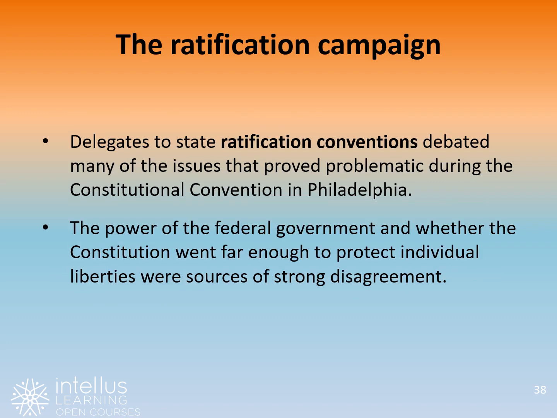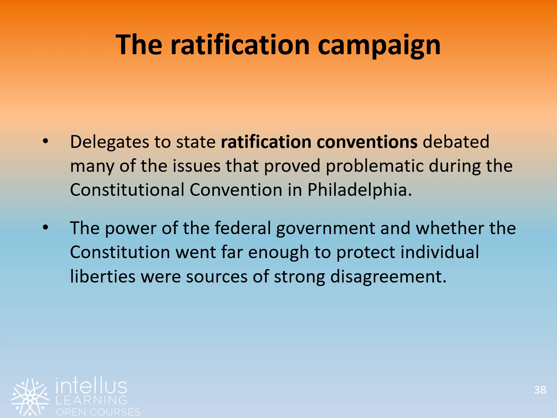And then there were several different campaigns. So think of it this way. We'll talk about the Federalist and Anti-Federalist here in a minute, but there were two opposing parties, one that wanted the Constitution, one that did not.